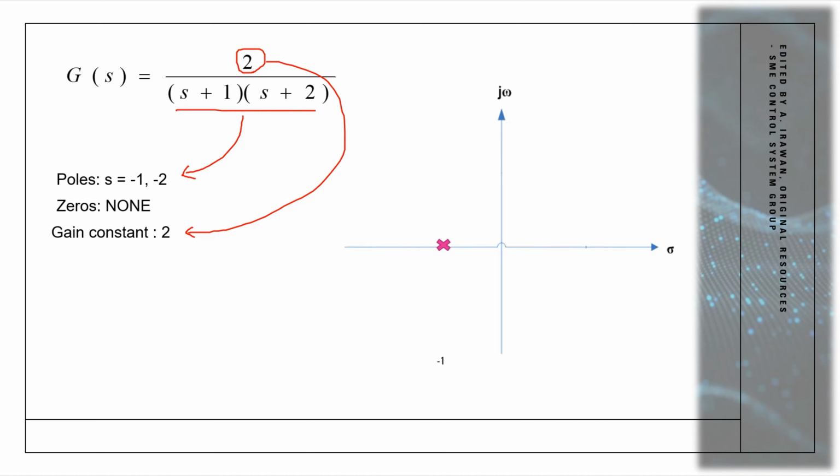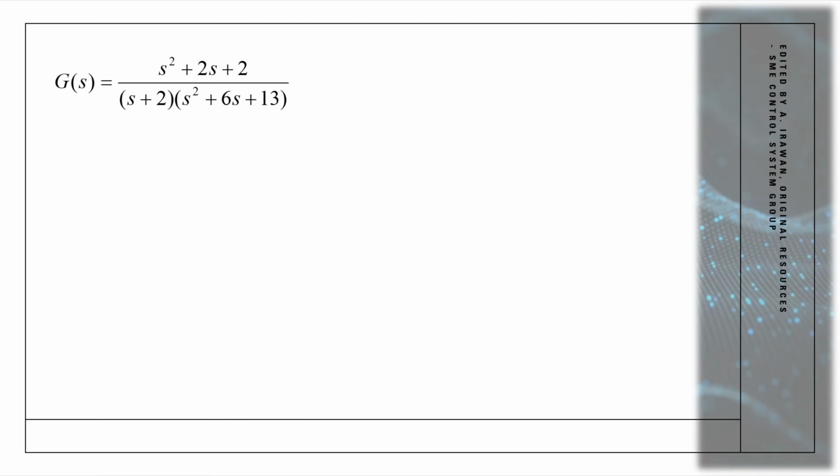Then we can plot the same way, with the poles only and no imaginary coordinate value. So we plot the poles on the real axis here.